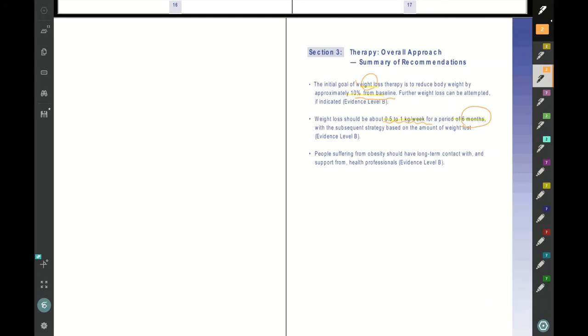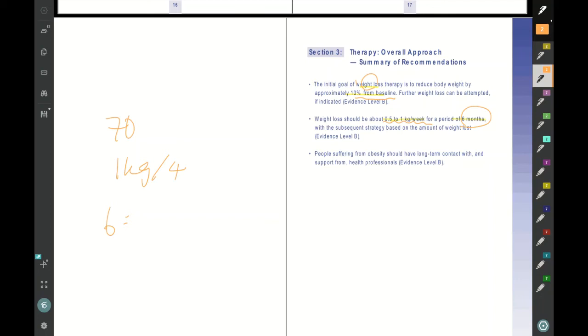Okay, let's say the patient is 70 kilograms, and we want to lose 1 kilogram a week in 6 months. How do we do this math?